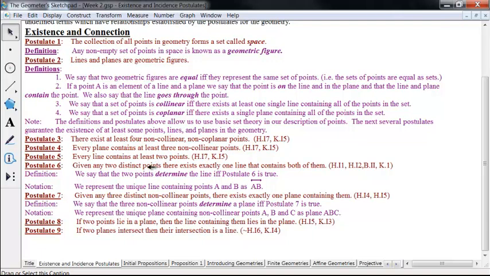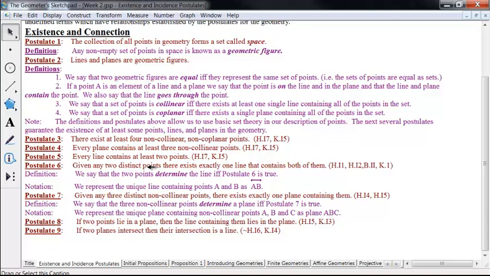But it's number 6 that gives us a little problem, because in a sphere, as we'll see a little bit later on, a line is going to be a circle, what's called a great circle. A Euclidean sphere is our plane, our spherical plane, and a Euclidean circle centered at the center of the sphere, the same radius as the sphere, is a great circle on the sphere.